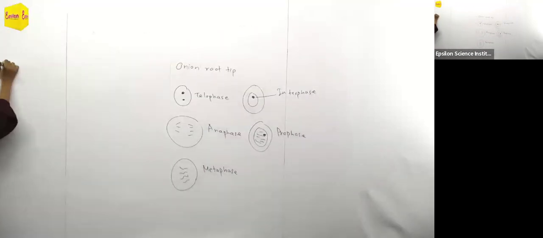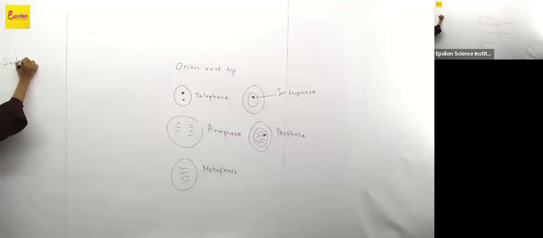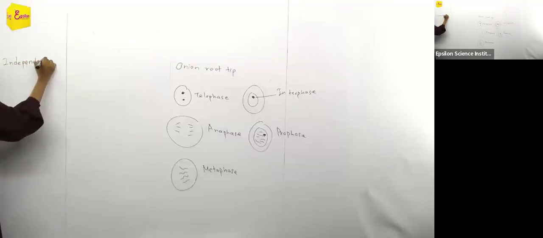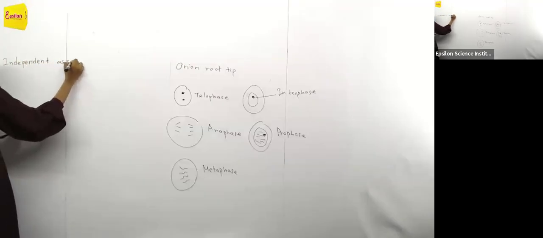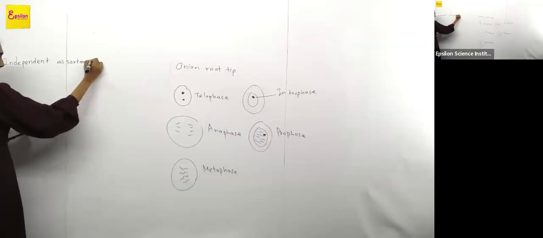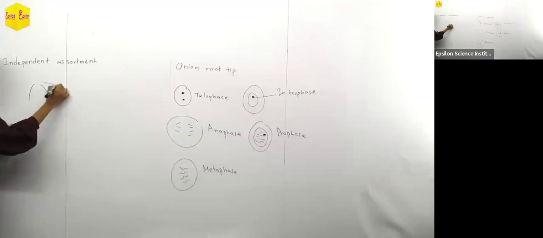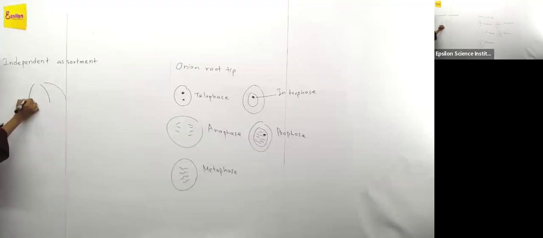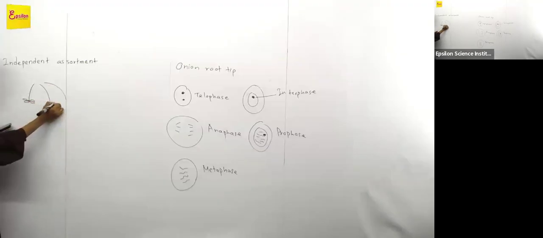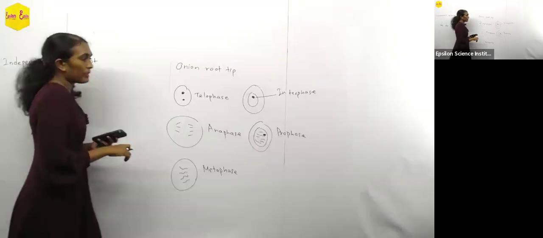Do you know what is meant by independent assortment? In the metaphase, the random arrangement of chromosomes, we call it independent assortment. Let's say, I'll take another color and come.